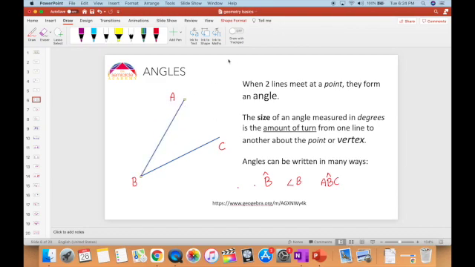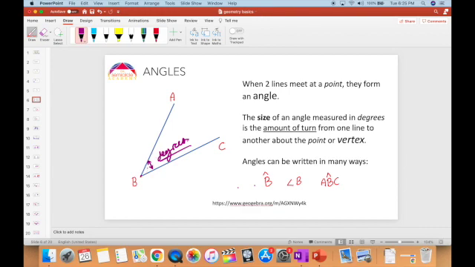So we had a point, we formed a line, now we take 2 lines at a point and we form an angle, right? Now at the end of the day, there are many ways that we could write an angle. So this is the angle over here, and of course this is measured in degrees, right? And there are 3 ways that you will see an angle being written.